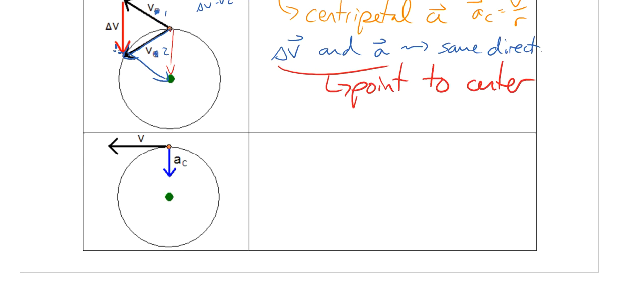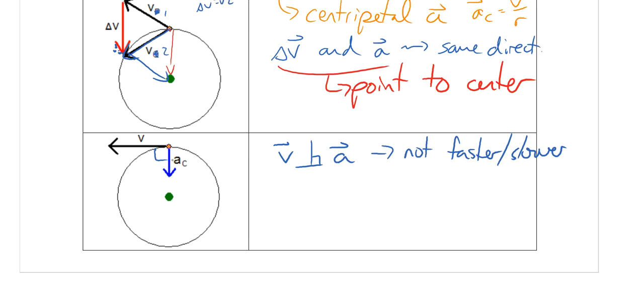So you've got the velocity and you've got the acceleration, and these two are perpendicular to each other. Since the two are perpendicular, this is why you're not going faster and you're not going slower. This is a right angle.